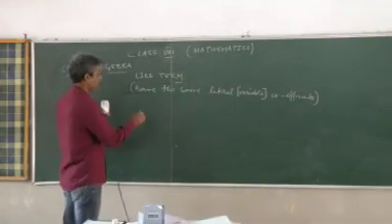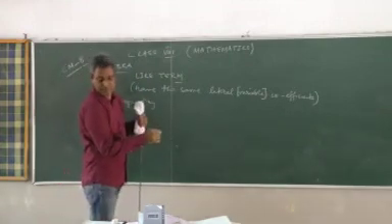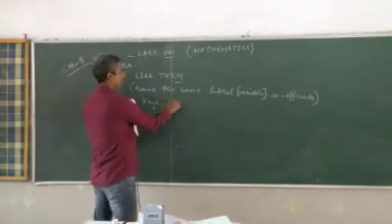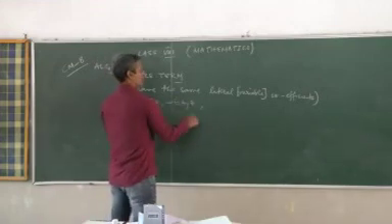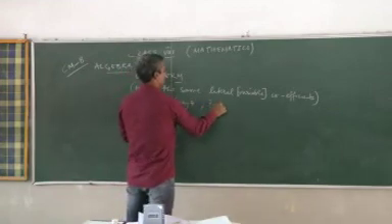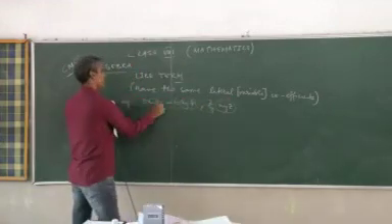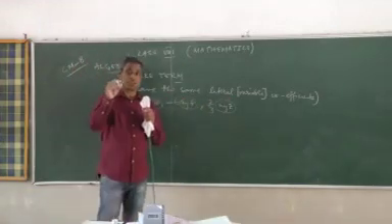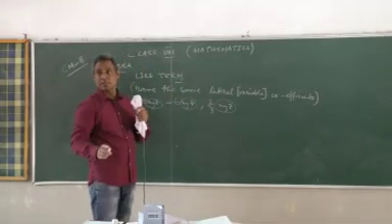For example, 5xyz, minus 6xyz, 2 by 3 xyz. So the variables are the same. Because the variables are the same, they are like terms.